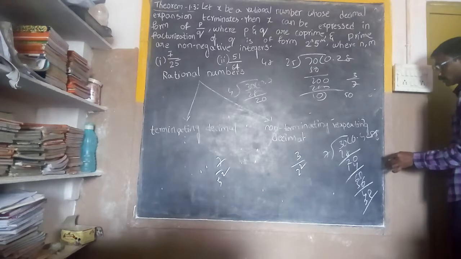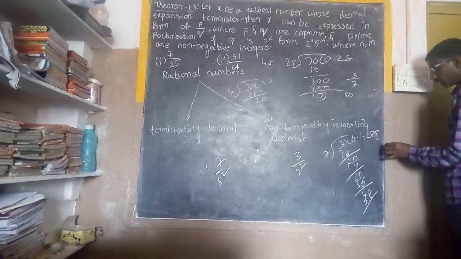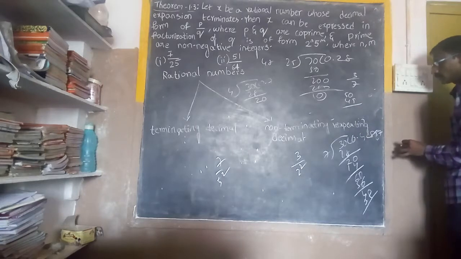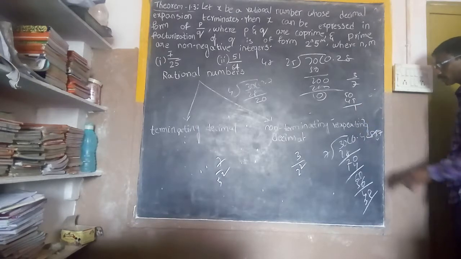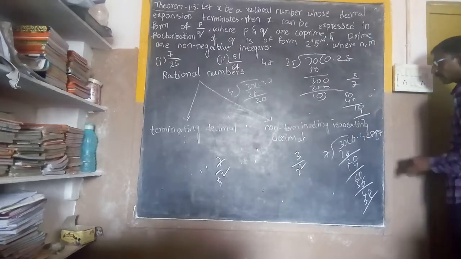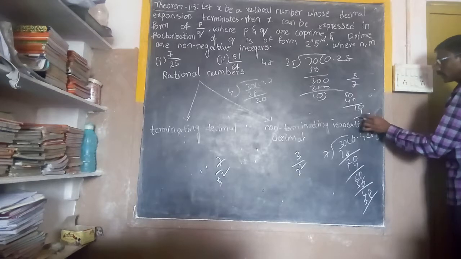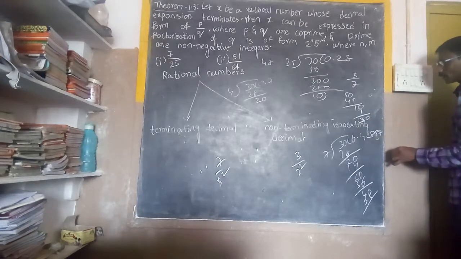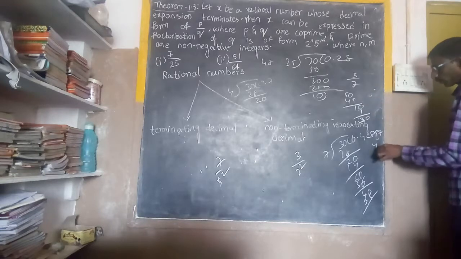Again 7 sevens are 49. Remainder how much? 1. Next, keep 0. Again 1, 7 ones are 7. Again how much? 3. Again keep 0. 7 fours are 28, again 4.